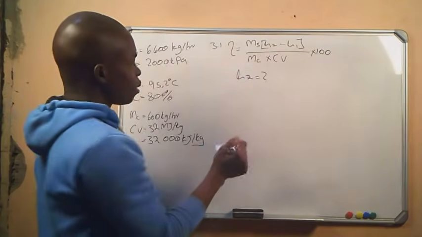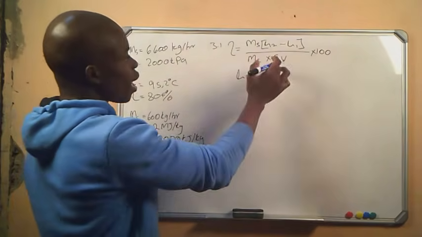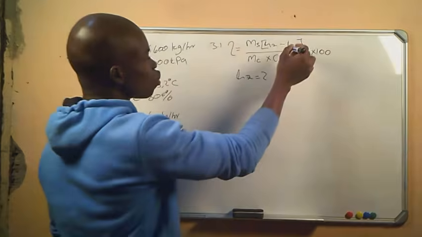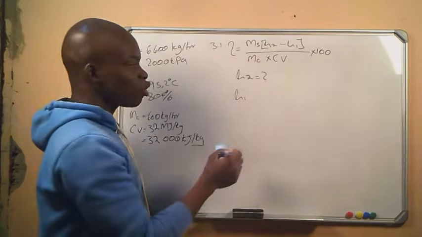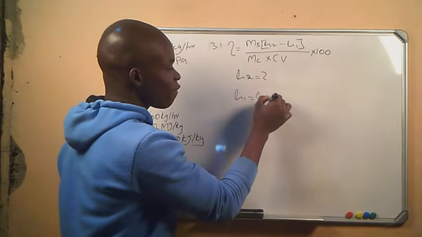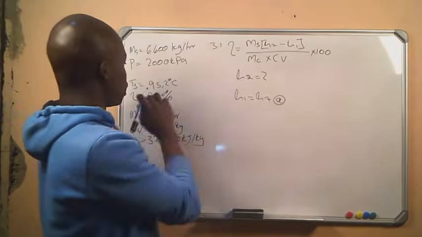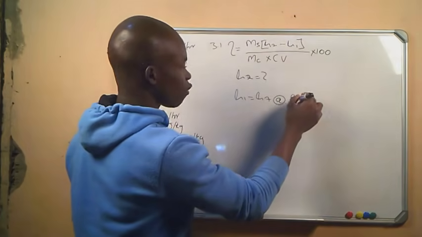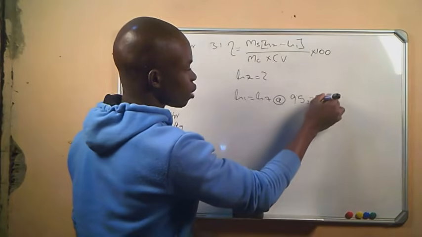So we have the mass of steam, we have the mass of coal, we have the calorific value. What we do not have is H1. But we know that H1 is equal to HF at the temperature, which is 95.2 degrees Celsius.